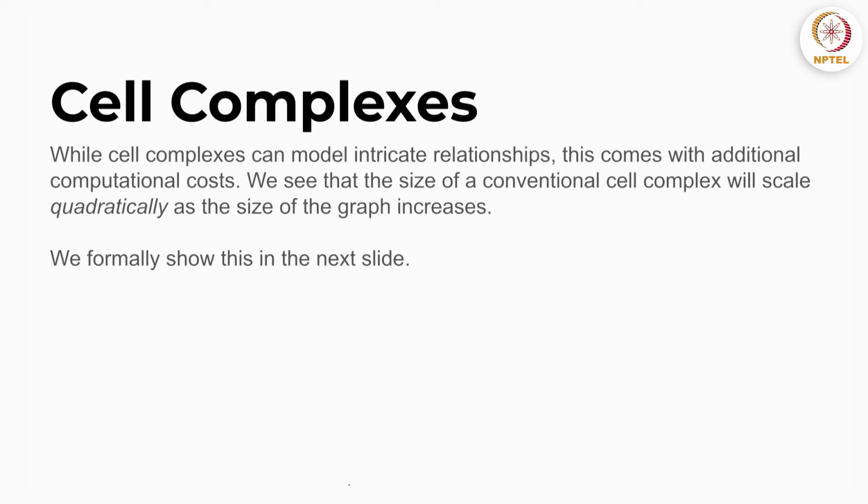So, as we saw, cell complexes are very powerful in modeling relationships between nodes. However, obviously this comes with additional computational costs, as a cell complex is much more dense than a normal graph. We see that the size actually scales quadratically: if we increase the number of edges in a graph, the size of a cell complex will scale quadratically.